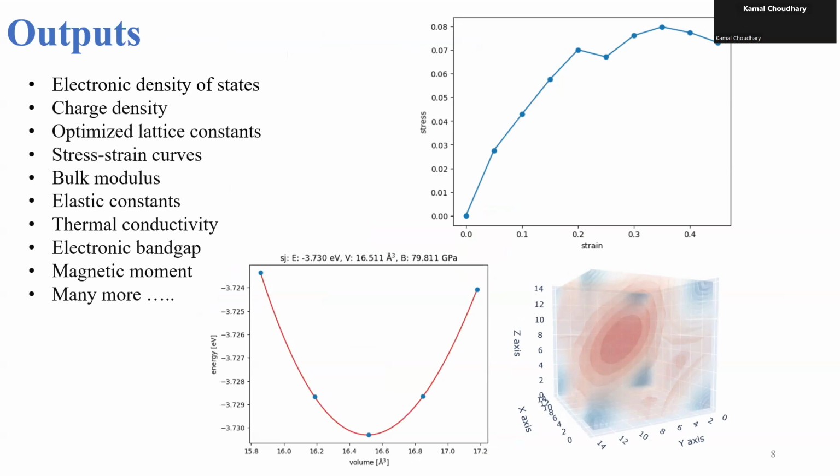Also the stress-strain curve, which is especially important for mechanical engineering applications, and other properties such as bulk modulus, elastic modulus, thermal conductivity, and maybe less important mechanical properties such as electronic band gap, magnetic moment, and many other properties. On the right-hand side, I show you some example properties that we are going to calculate or predict, and we will actually run that in the next module. So look forward to that.